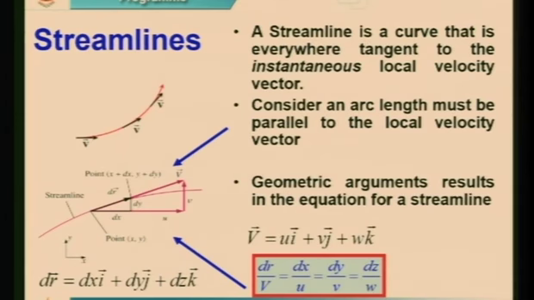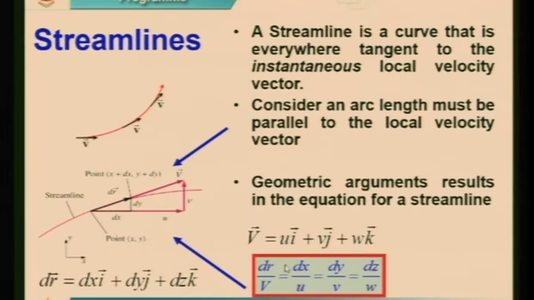Now, consider an arc length must be parallel to the local velocity. Local velocity V has got 3 components: U along the x axis, V along the y axis, and W along the z axis, which I showed here in the V vector is equal to Ui plus Vj plus Wk.